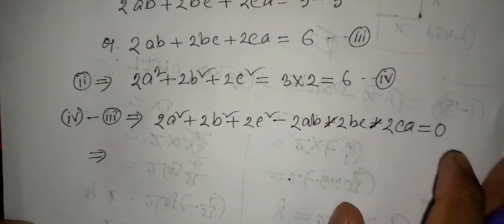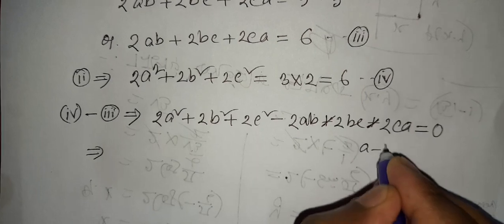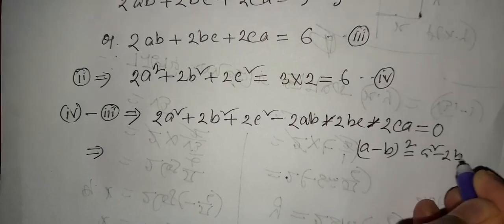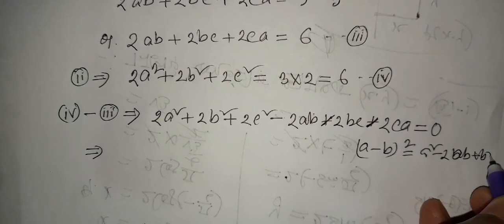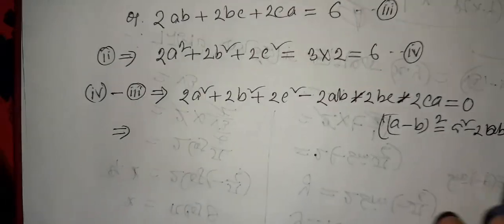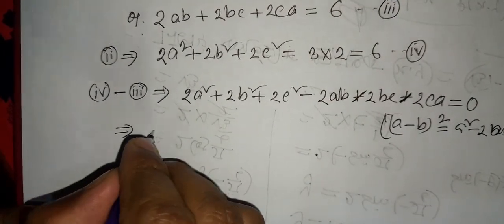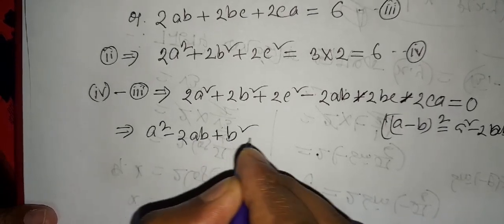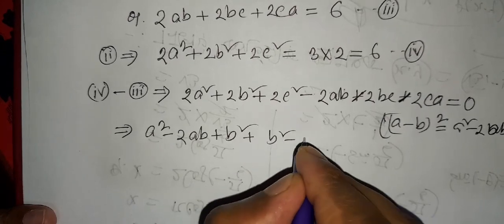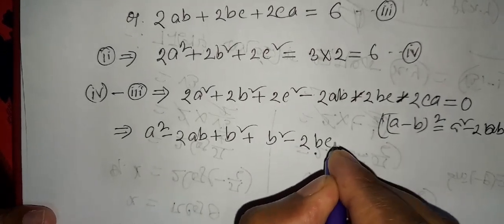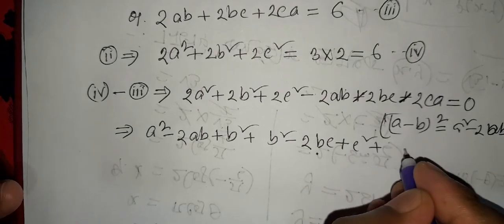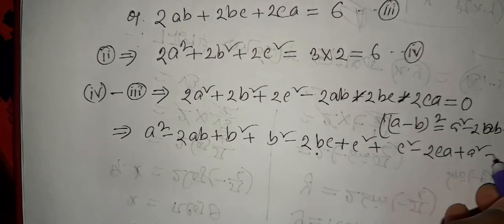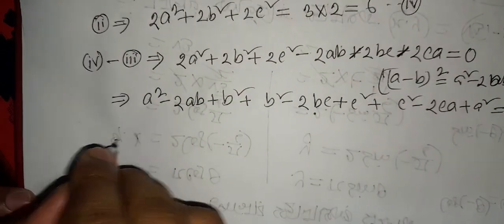Now we use the formula (a minus b) all square is equal to a square minus 2ab plus b square. Here we can write a square minus 2ab plus b square, plus b square minus 2bc plus c square, plus c square minus 2ca plus a square is equal to 0.